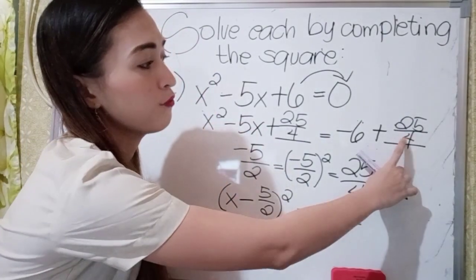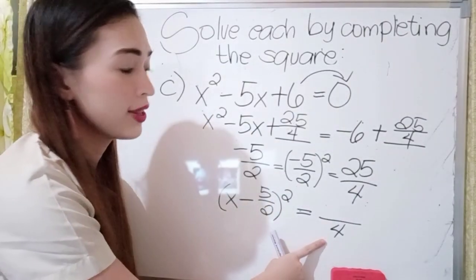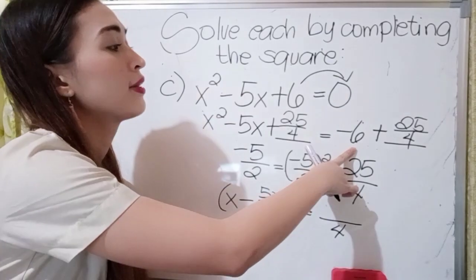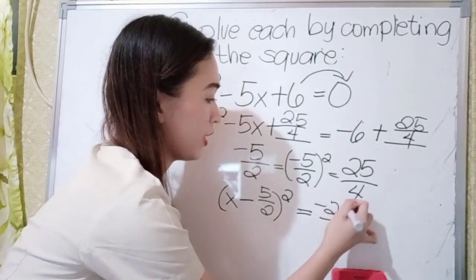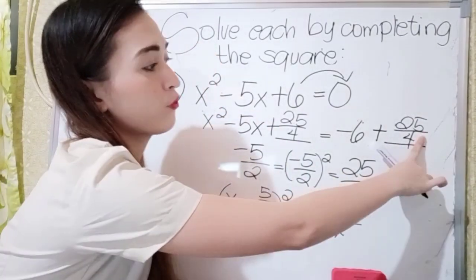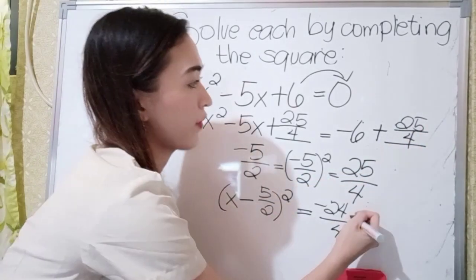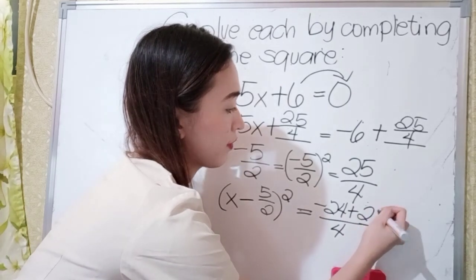Okay? Since we have 4 here and then 1 here, so factor is 4. Next, first is to divide. So 4 divided by 1 is 4 times negative 6 is negative 24. Next, 4 divided by 4 is 1. 1 times 25 is 25. So this is positive, so put positive 25.